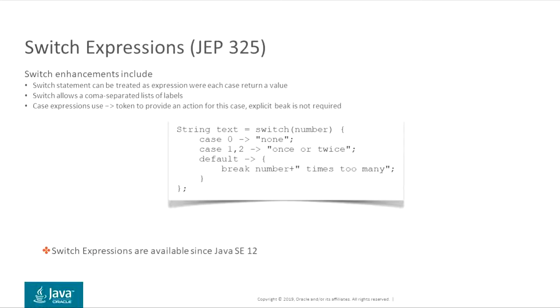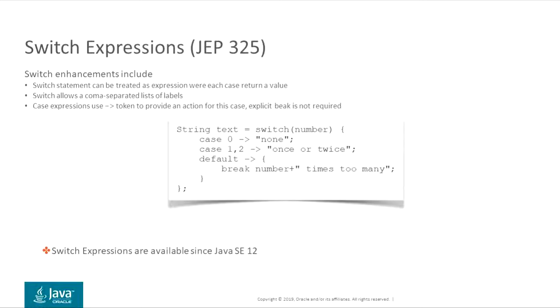Now, an even newer feature available in Java SE 12 is the switch expression. There are several things happening here. First of all, did you notice that cases, in this SE 12 onwards style, can have a comma, so you can list several cases?